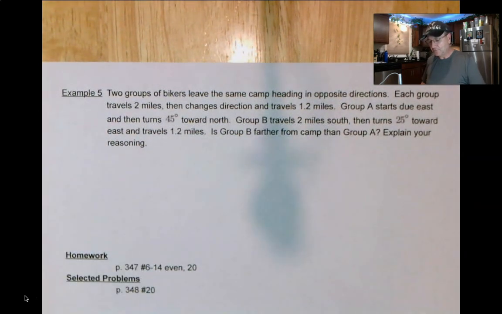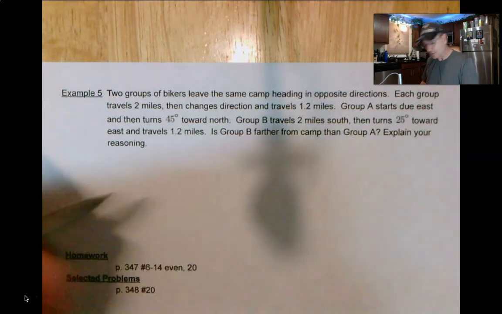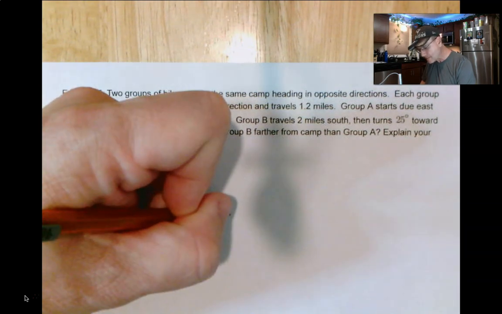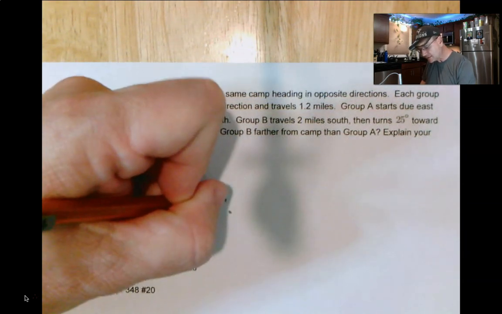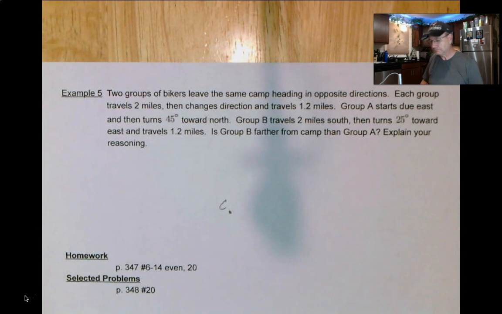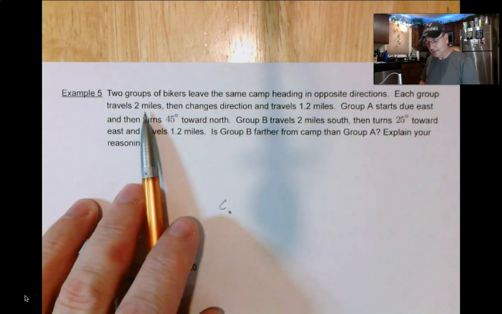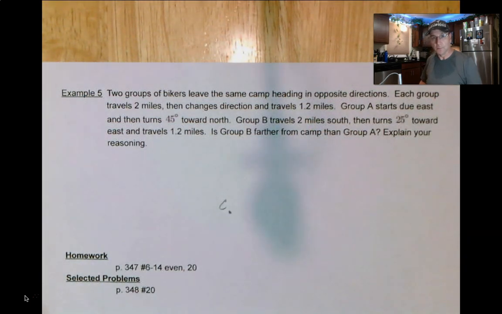So two groups of bikers leave the same camp heading in opposite directions. So we'll call this point here C for camp. Each group travels 2 miles and then changes directions and travels 1.2 miles. So we're being told that two pairs of sides of a triangle are going to be congruent.